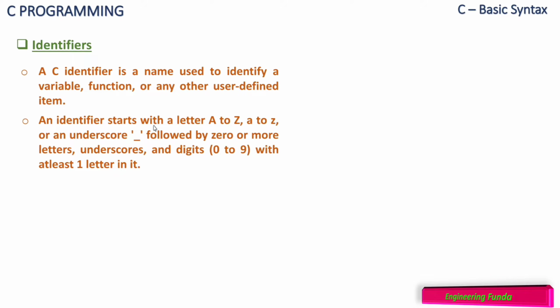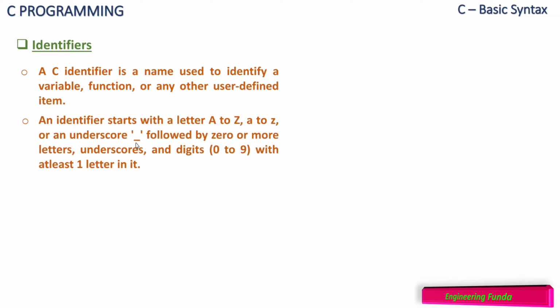An identifier starts with a letter A to Z, capital or small, or an underscore, followed by zero or more letters, underscores, and digits. So it should start with A to Z, either in capital or in small letters, and it can also start with an underscore followed by zero or more letters, underscores, and digits, with at least one letter in it.